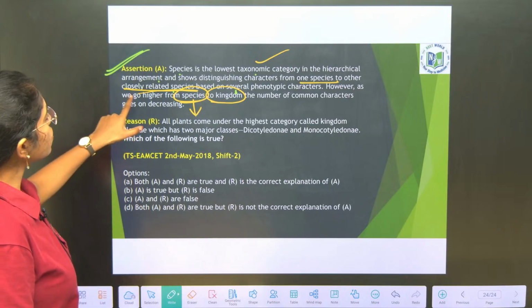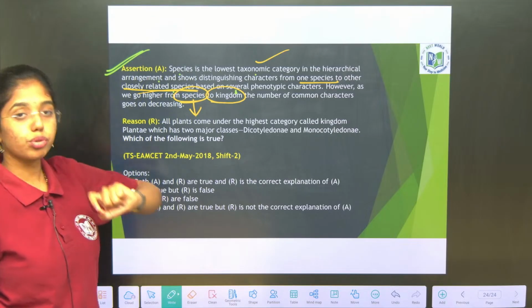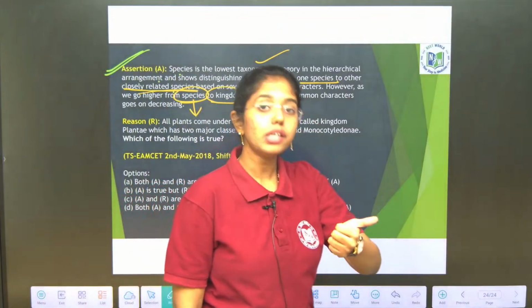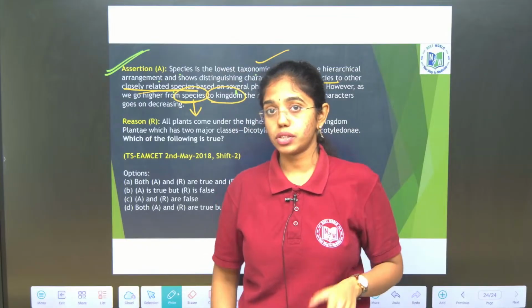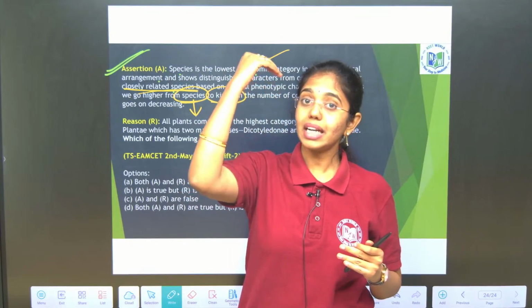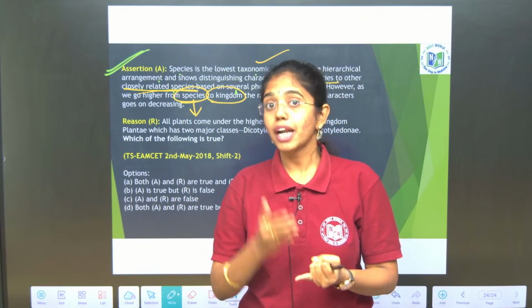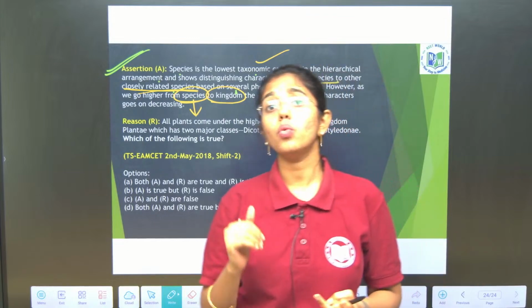Next, however, as we go from species to kingdom, the number of common characters will be decreased. True. As we go from species to kingdom, number of common characters, number of similar characters and the specificity decreases. And as you move in the descending order, that is from kingdom to species, number of common characters or similar characters and specificity will increase.